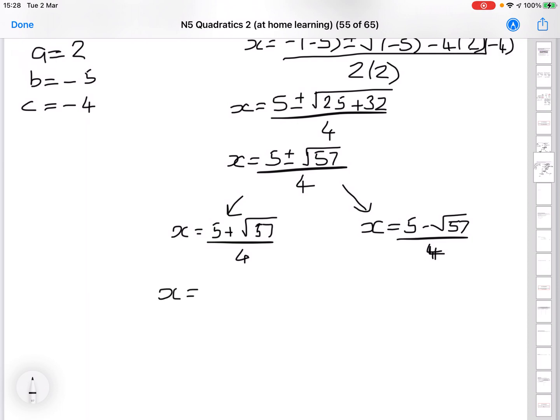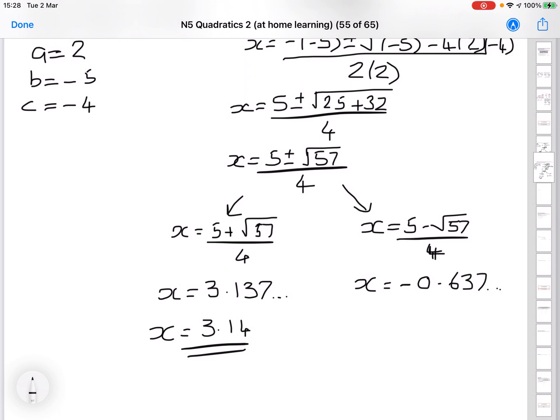So 5 plus root 57 over 4 gives us 3.137... So to 2 decimal places, that would be 3.14. And then x equals 5 minus root 57 over 4. That's going to give us minus 0.637 and so on. So 2 decimal places here would give us minus 0.64. And that is our 2 solutions to 2 decimal places.